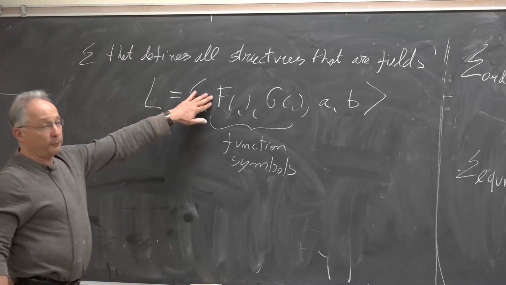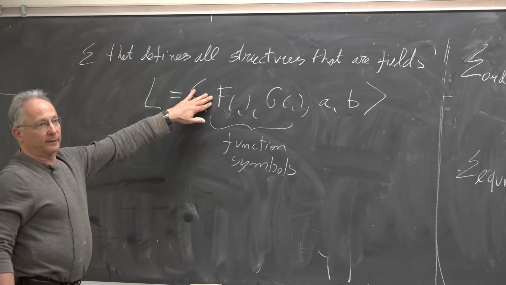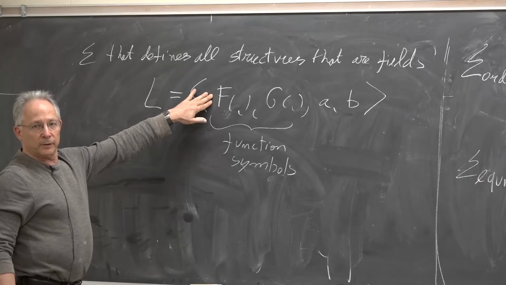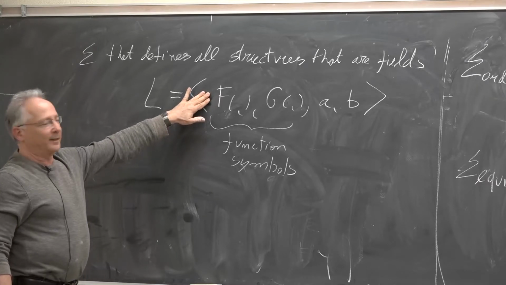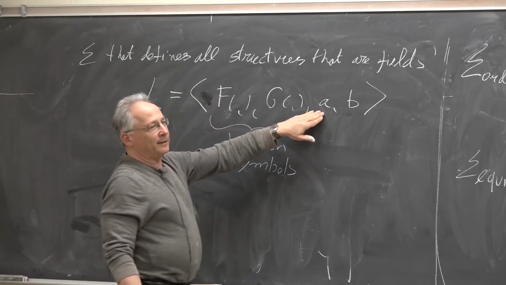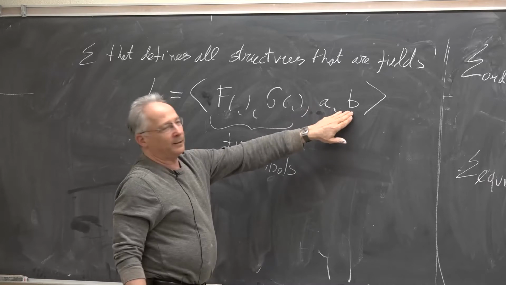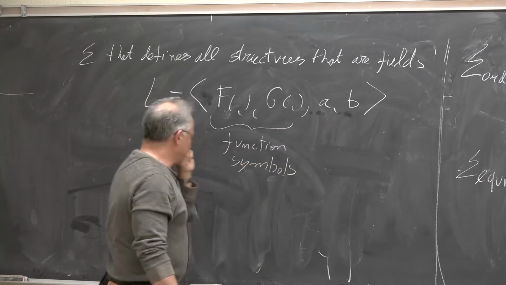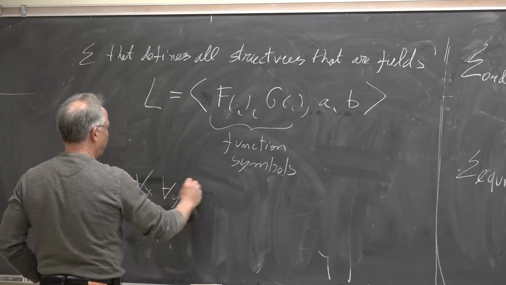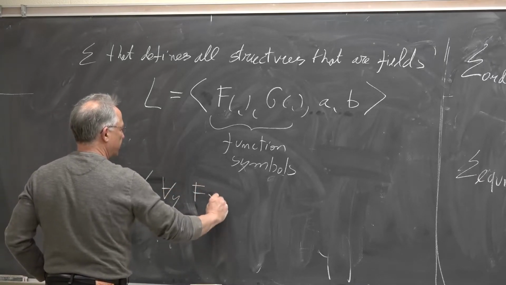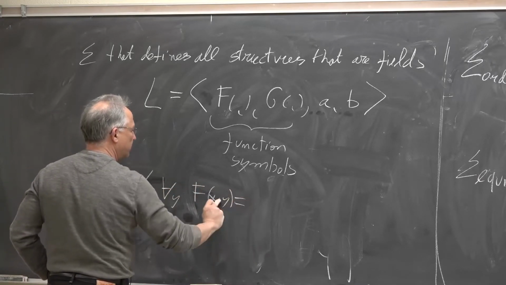So I want to say f is the addition, addition is commutative and associative, and A is the zero element, and B is the one element. So I can say things like, for every x, for every y, f(x,y) equals f(y,x).